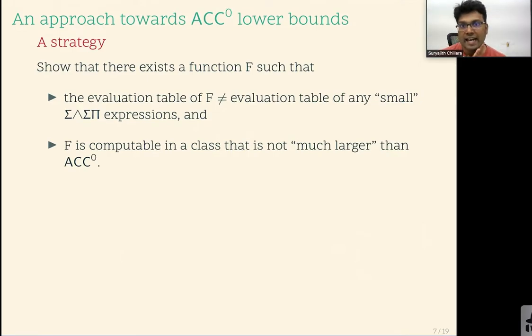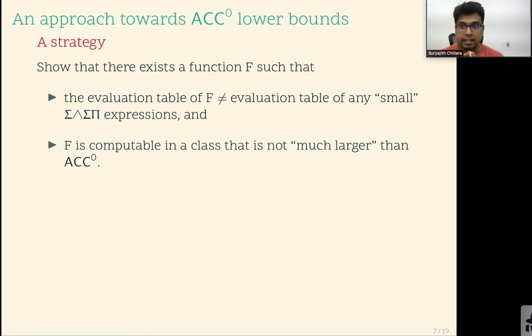So now, a strategy towards proving AC0 lower bounds is to show that there exists a function f such that the evaluation table of f over {0,1}^n is not equal to the evaluation table of any small sigma power sigma pi expression. This small is bounded by quasi-poly. This small we shall instantiate with quasi-poly.